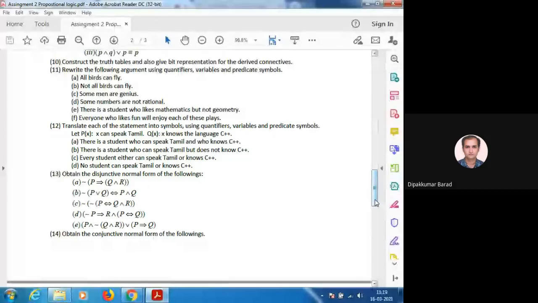See this statement, whatever statement is given here, we have to convert into a sum of elementary products for a disjunctive normal form.